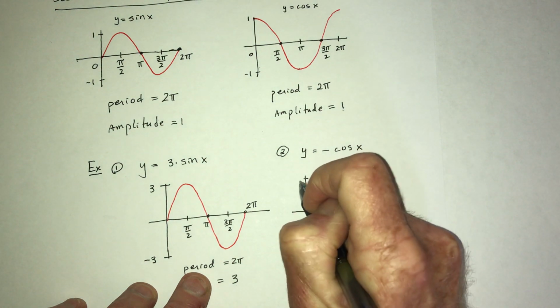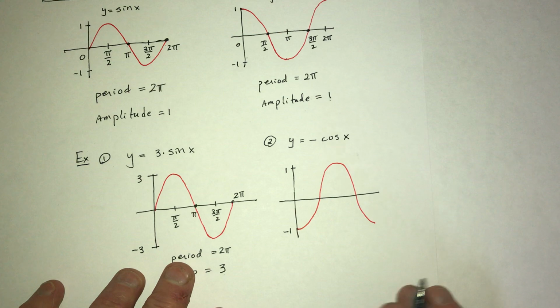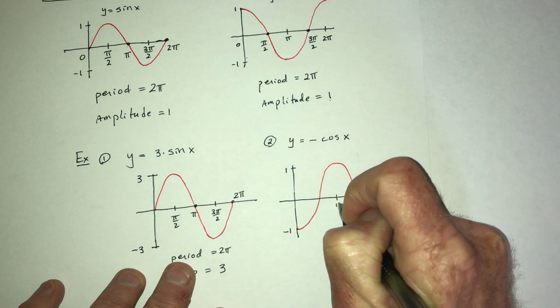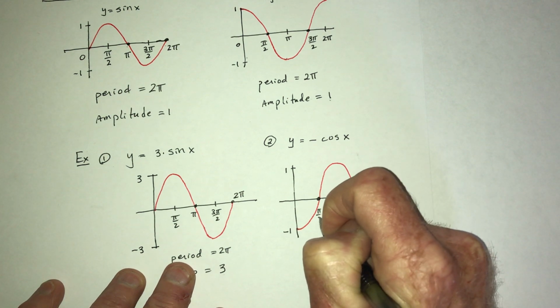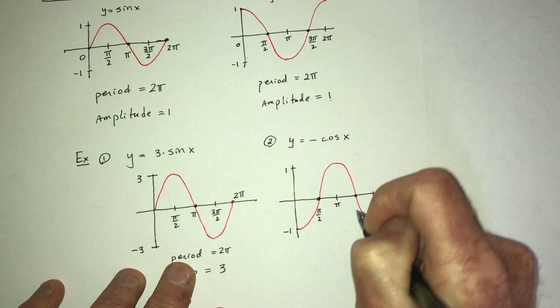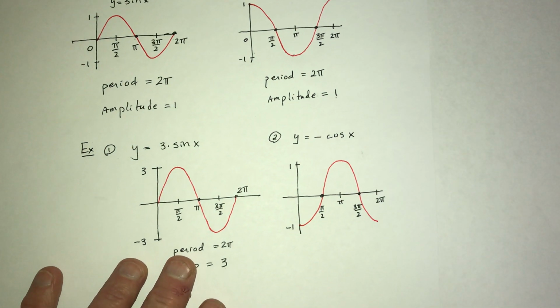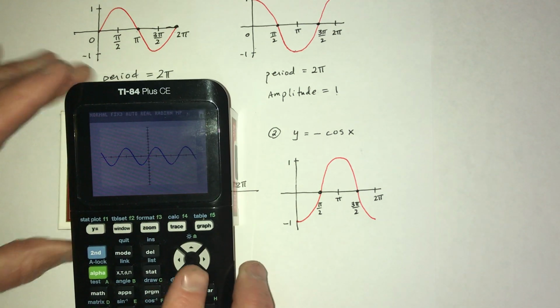So it's going to go at the very tallest to 1 and the lowest to -1. Right here is the 2 pi, in the middle is pi. This x-intercept is pi over 2. And right here is 3 pi over 2. And then graph it and see that I got it right.